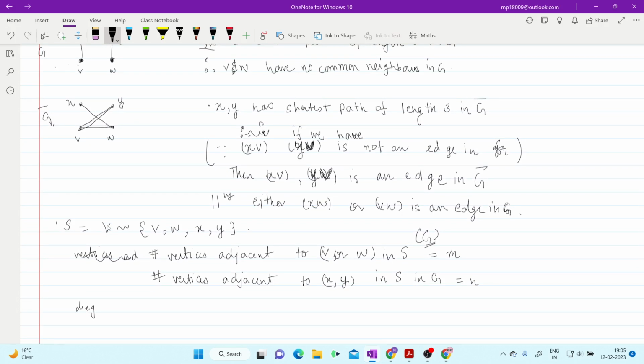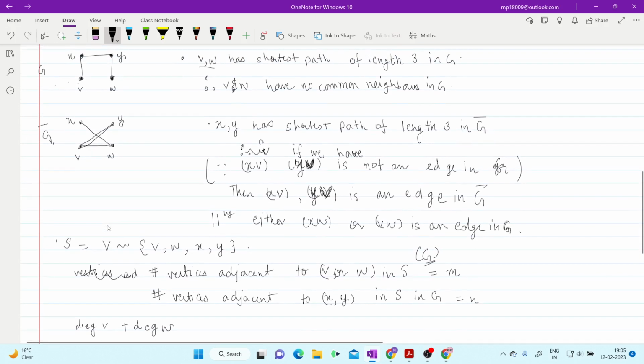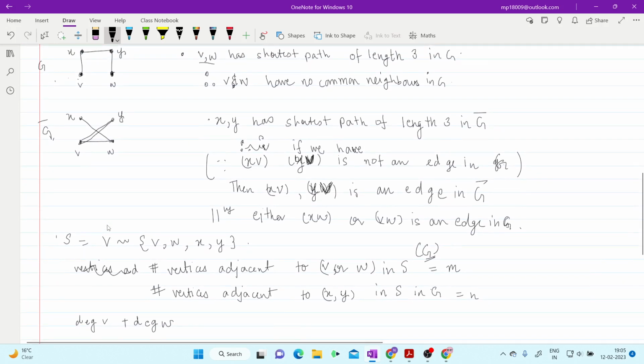So we see that degree of V plus degree of W is m plus 2, because other than the four vertices, the degree contributed by V and W was m in G, and what about these four vertices?